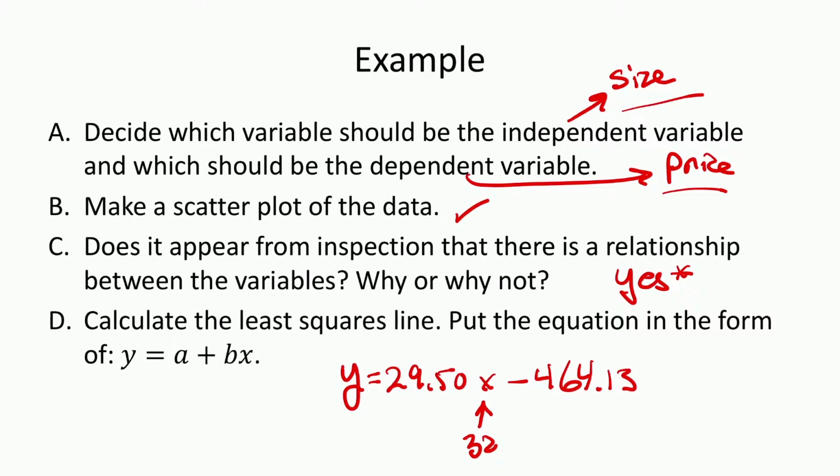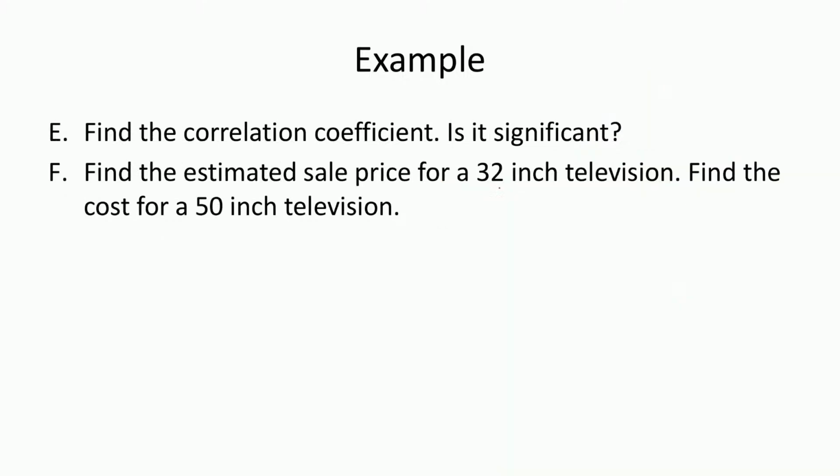But anyway, 29.5 times 32 minus 464.13, and I got 479.87. That's the prediction.